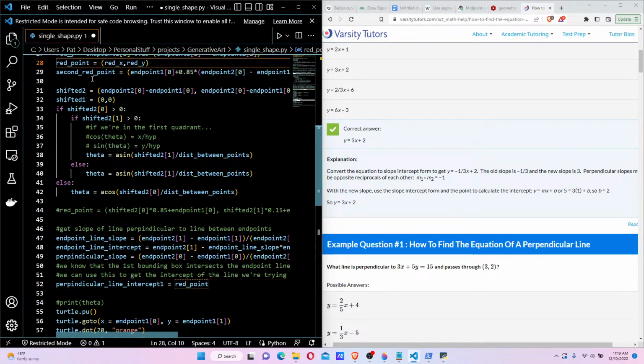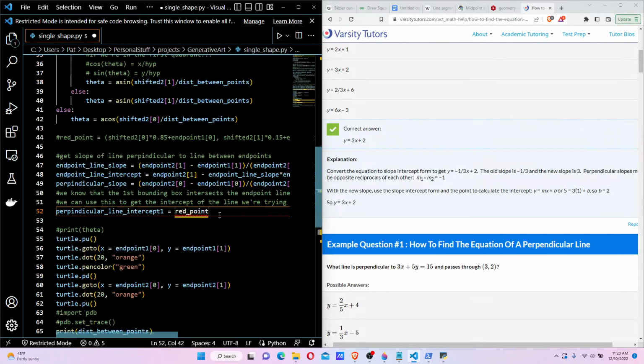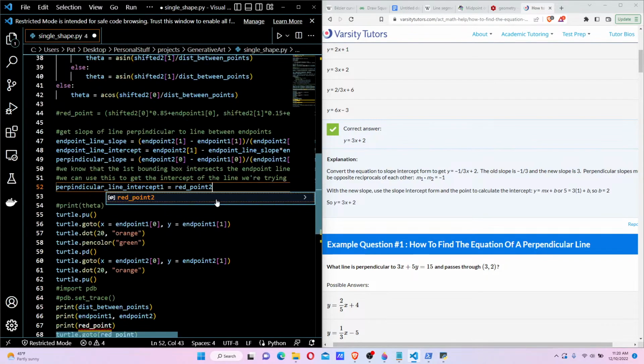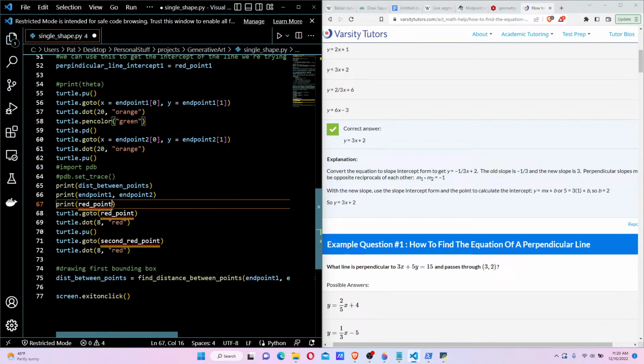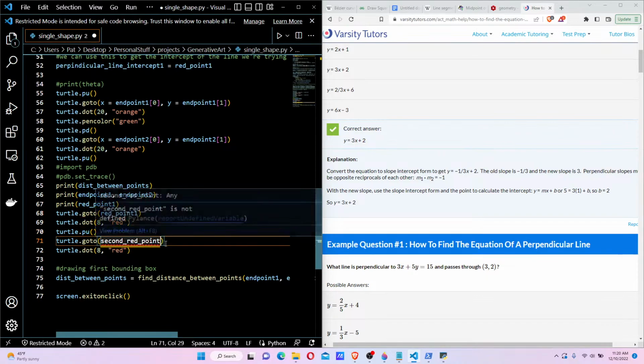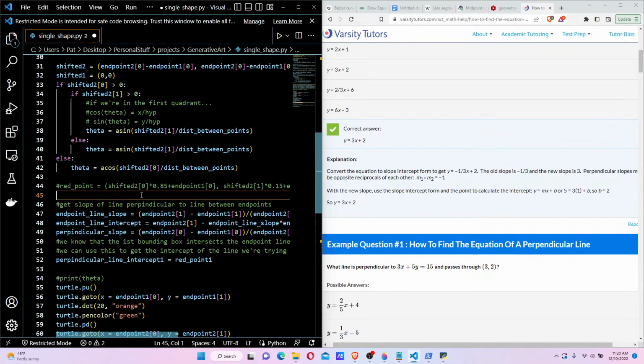So I'm going to change this to be red point 1, and this one to be red point 2. Go down here. First is going to be red point 1, red point 1, red point 2.